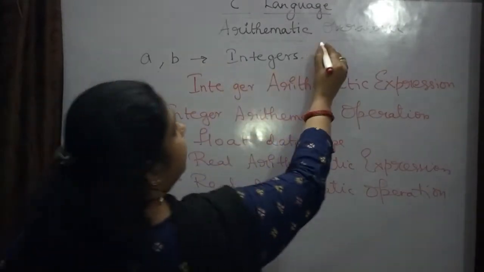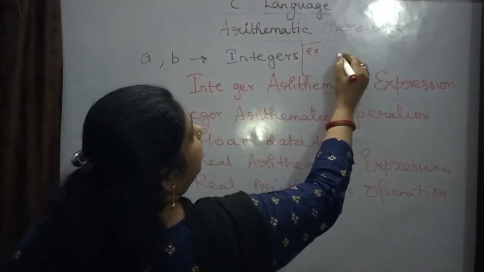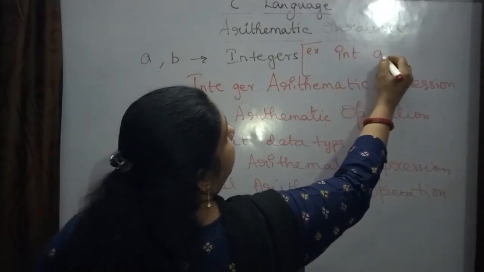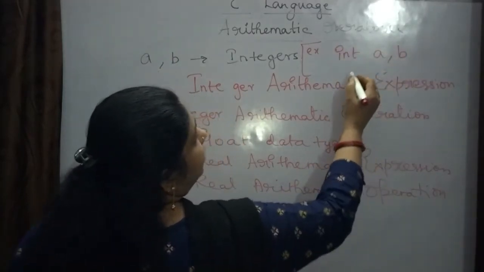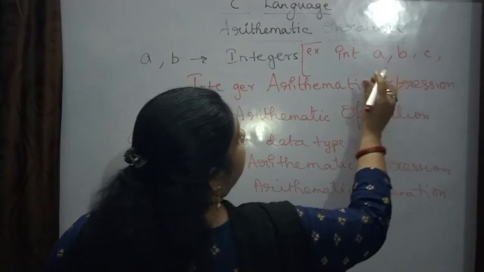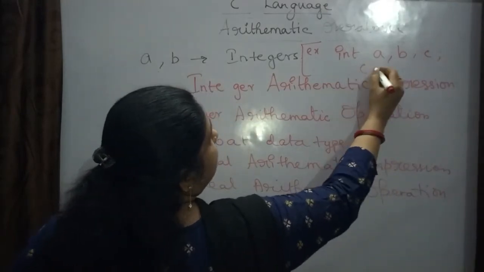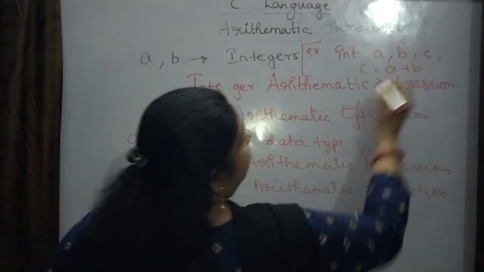For integer, for example, int A, B, C, and this is the declaration part I am saying here, C equal to A plus B, like this you will write.